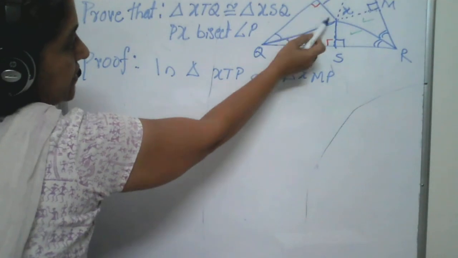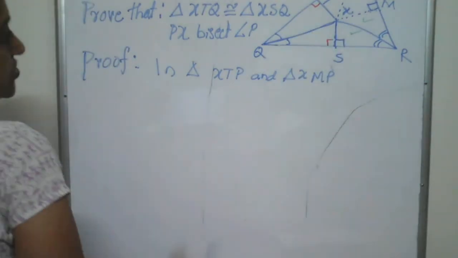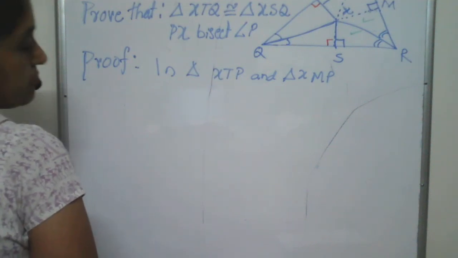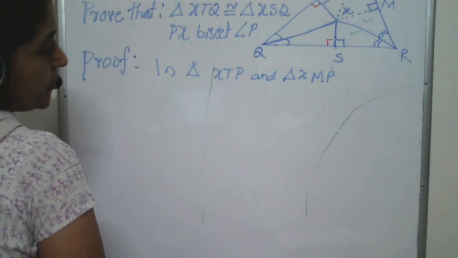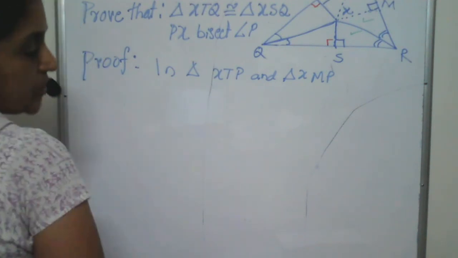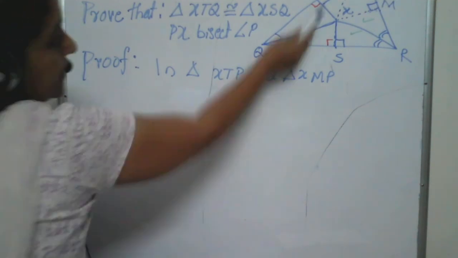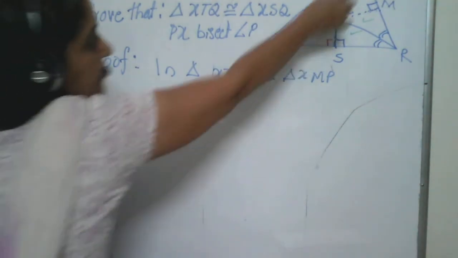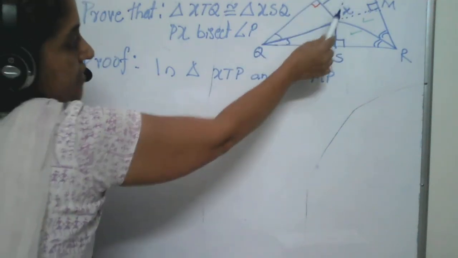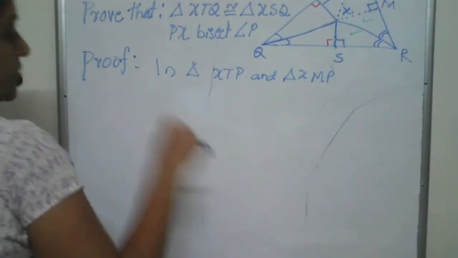Right angle is there, these two sides are equal. We need one more side which is equal. Now XP, when I take, you may think, ma'am, side angle is not there. No, I'm not talking about SAS. I'm talking about RHS. Right angle is this. Opposite to the right angle is the hypotenuse, that is PX, which will be common for both, and these are the sides which are going to be equal.